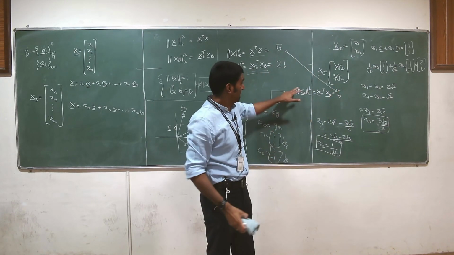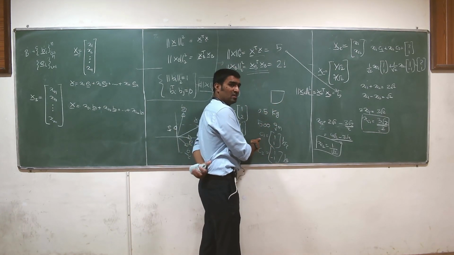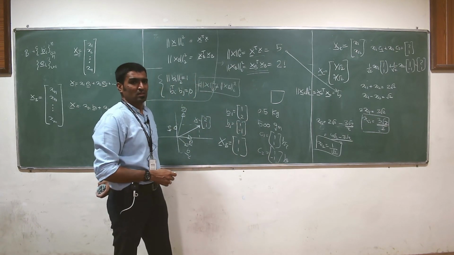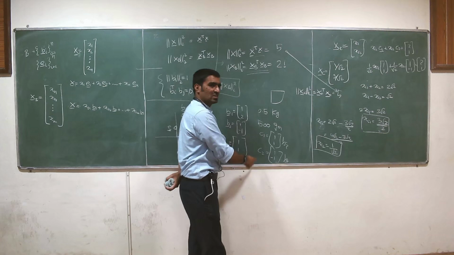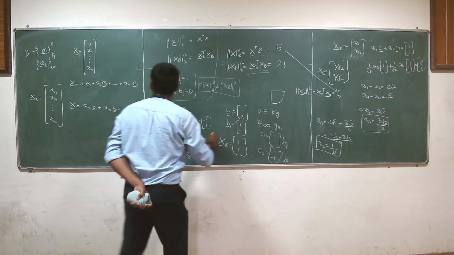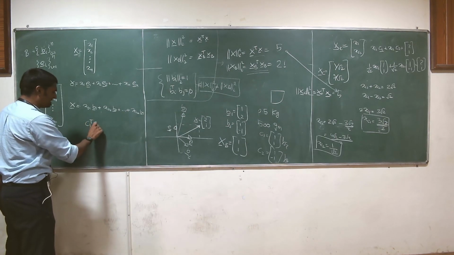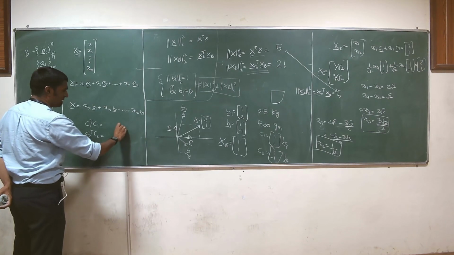Now there is no problem. Why? What is the length of C1 and C2, or the two norm of C1 and C2? Well, just calculate it. What is C1 transpose C1, C2 transpose C2, and what is C1 transpose C2?